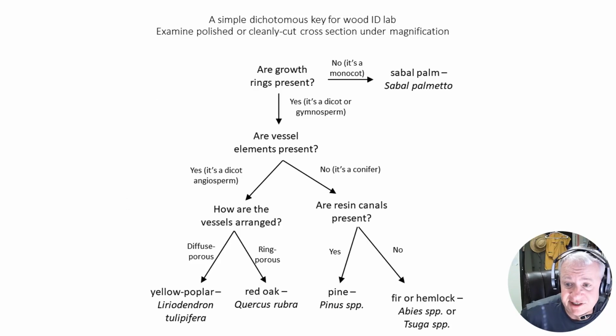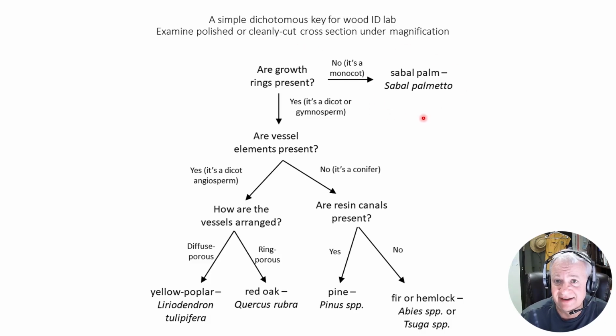So for the purposes of this lab, I've created a really simple dichotomous key for our 5 unknowns that you can work through. We'll start by looking at the polished cross section on those samples and asking, are there growth rings present? Well, no, it has vascular bundles.